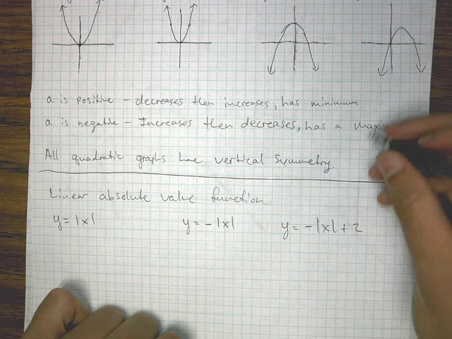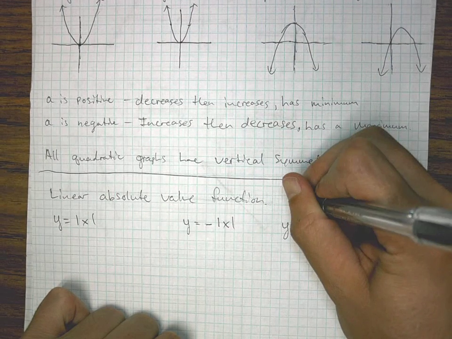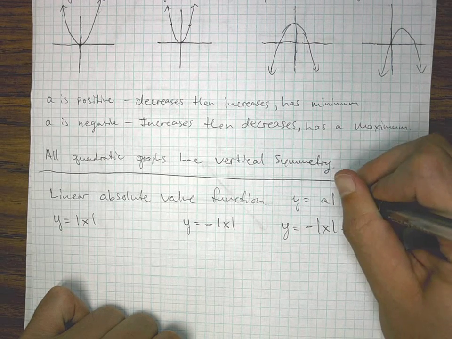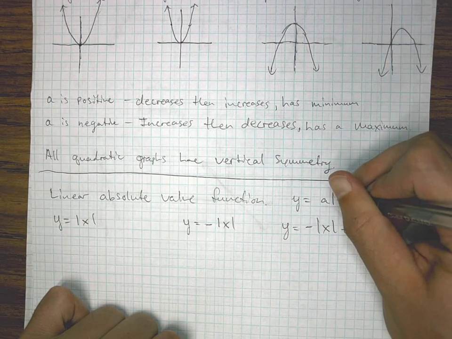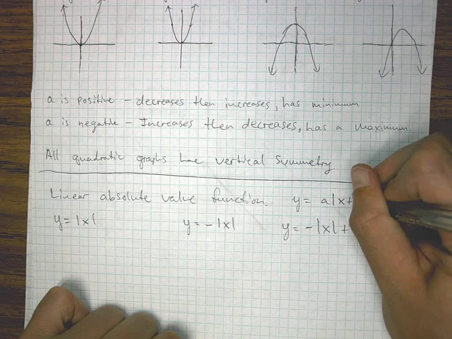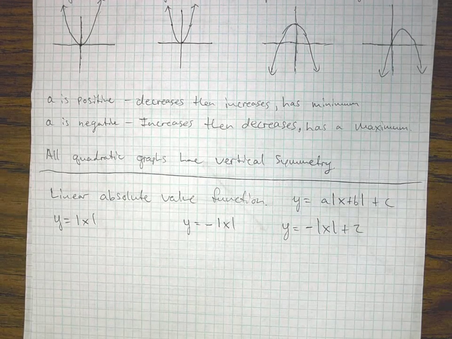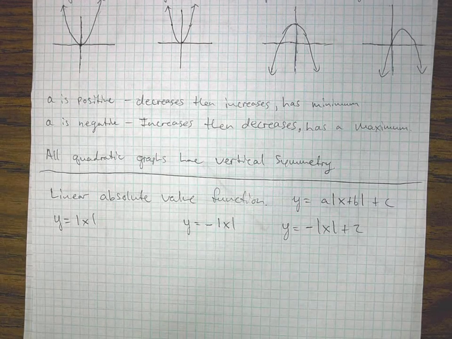Really what the linear absolute value function looks like is y equals a, absolute value brackets, x plus b inside, plus c. And again, a, b, and c are real numbers that could be 0.